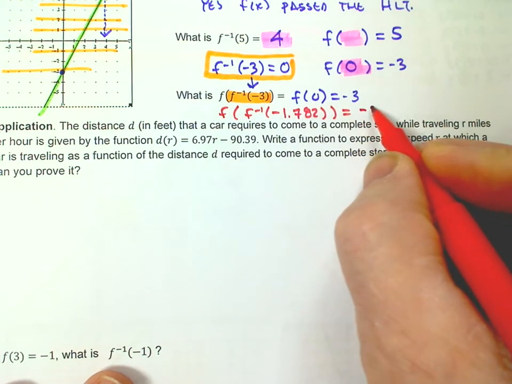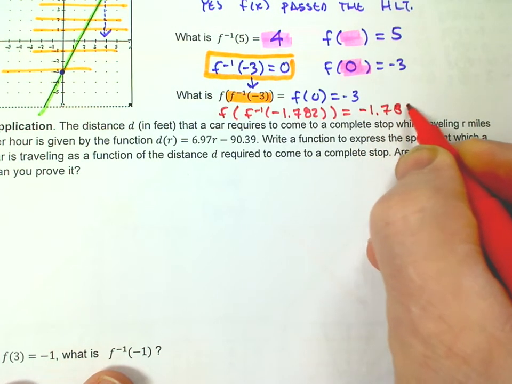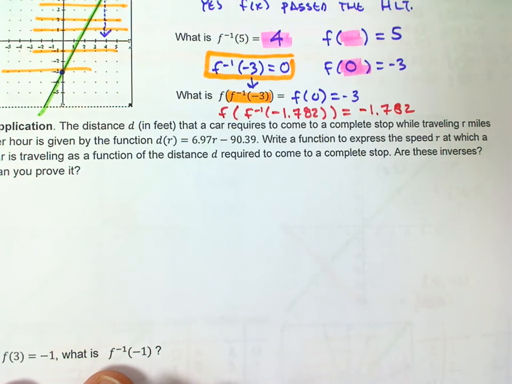Zero or -1.782? Which one? Richie, why are you saying that? Why are you saying -1.782?